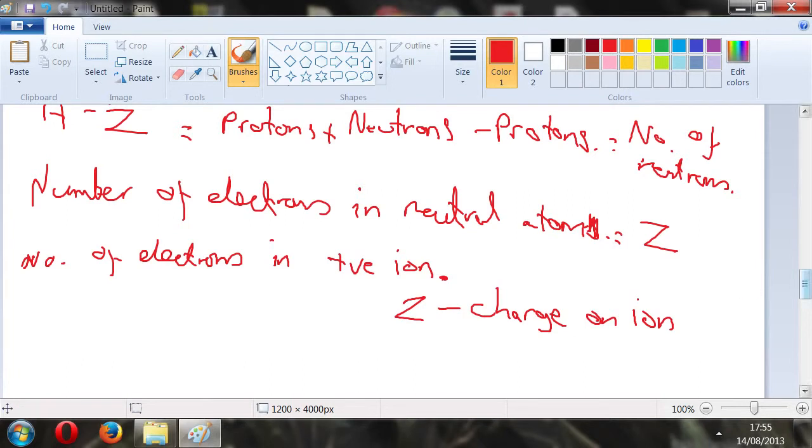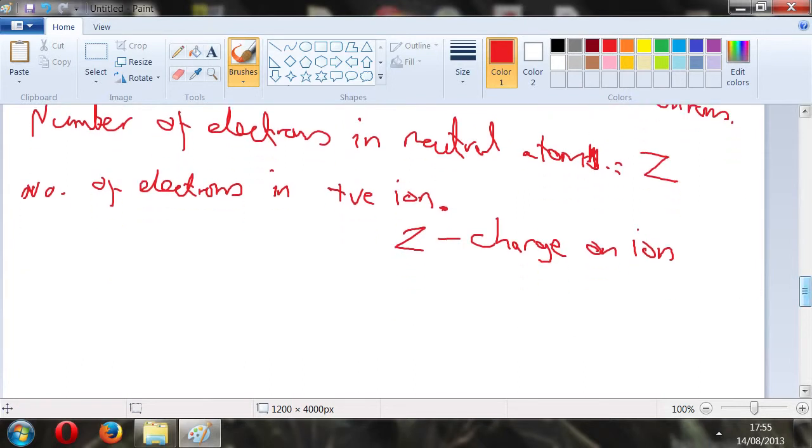So most of the time, that's going to mean that the number of electrons is going to be smaller, because it's the atomic number minus the charge on the ion.